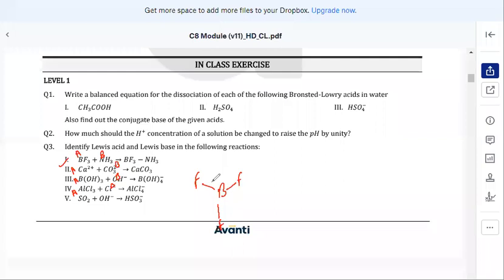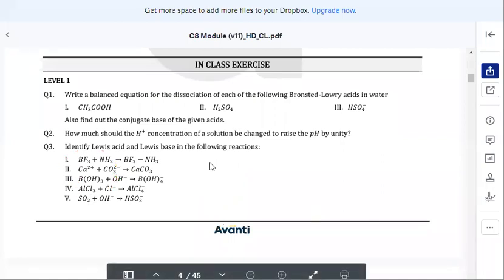If it is electron deficient, then obviously it will be an acid. Everyone got it? Now the last one, SO2. Again in SO2, it is your acid and OH minus is your base. I hope everyone got this.